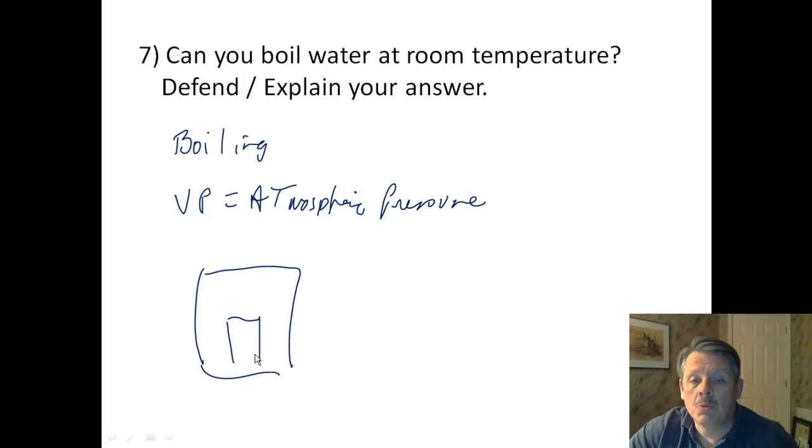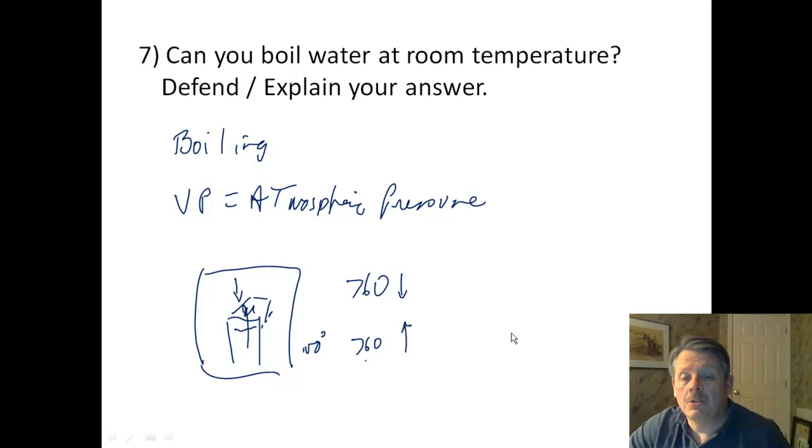It would boil if the vapor pressure of the liquid is the same as the pressure of the atmosphere. Typically we have 760 millimeters of mercury at sea level pushing down, and we don't have 760 pushing up. But when we reach 100 degrees Celsius, our vapor pressure is 760 pushing up.